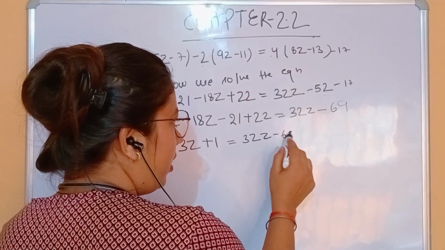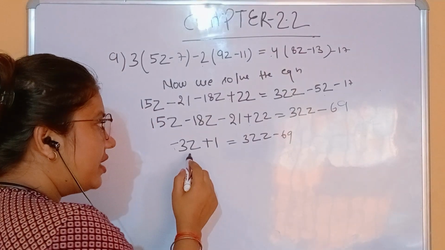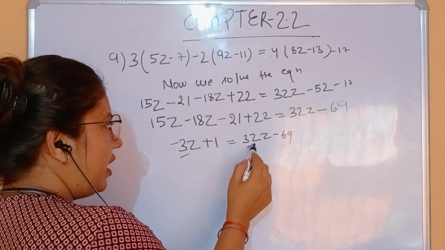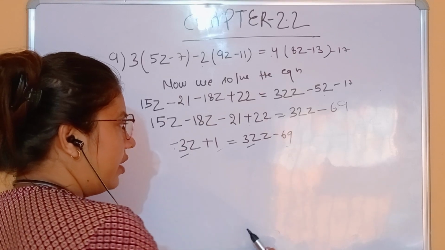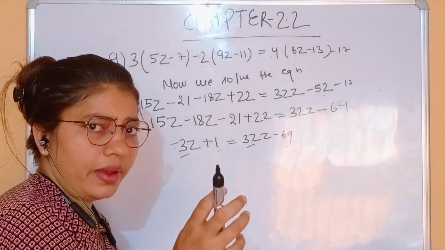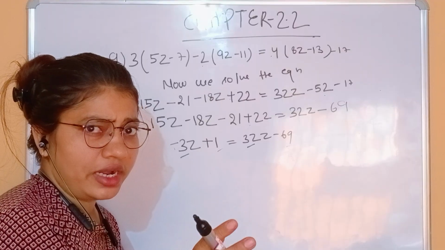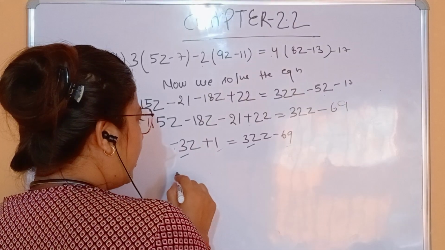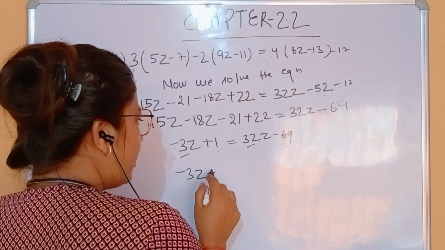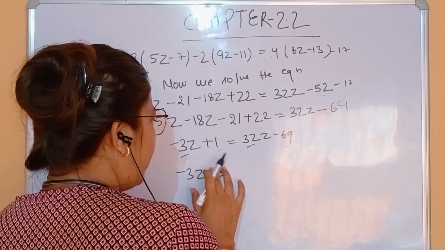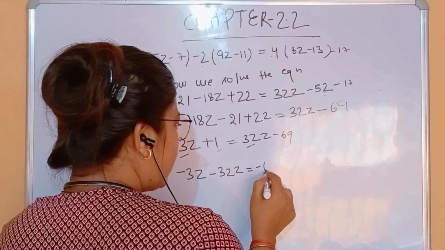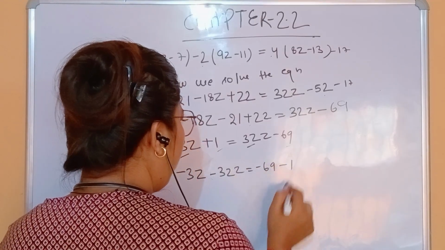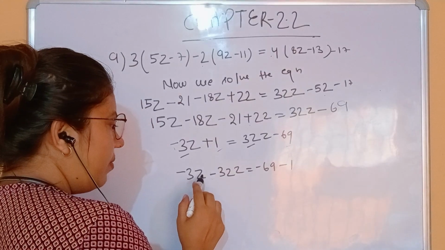Okay, what do we see first? Here are two variables, minus 3z and 32z, and two constants, 1 and 69. So take variables on one side and constants on the other.